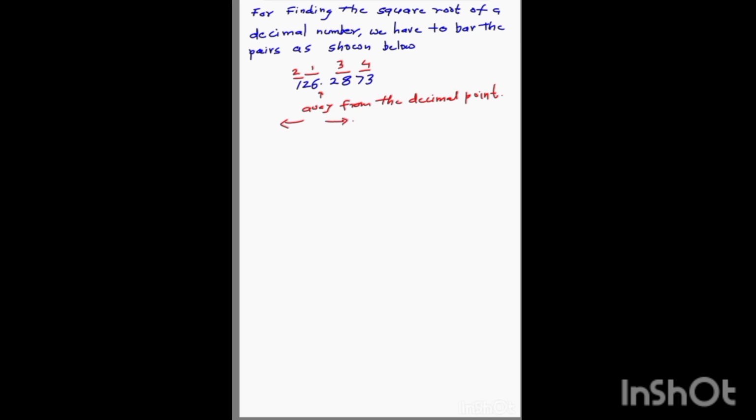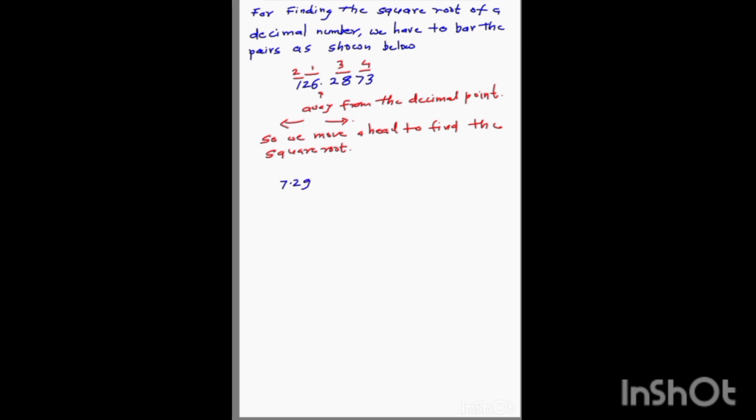Now we will move to find the actual square root of a decimal number. We have taken a number from a book, the square root of 7.29.